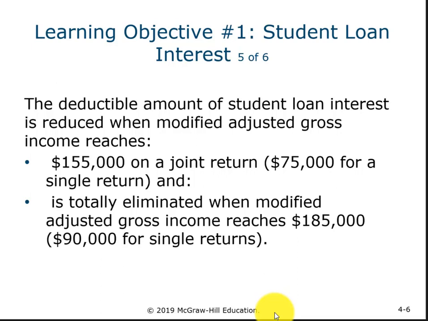If it's less than 155 for a joint return, then you get the full 2,500. But if it's between 155 to 185, it phases out. You get part of it based on where you are in that range. The closer you are to 185, the less of it you get. Same thing for single returns, okay, 75 and 90.